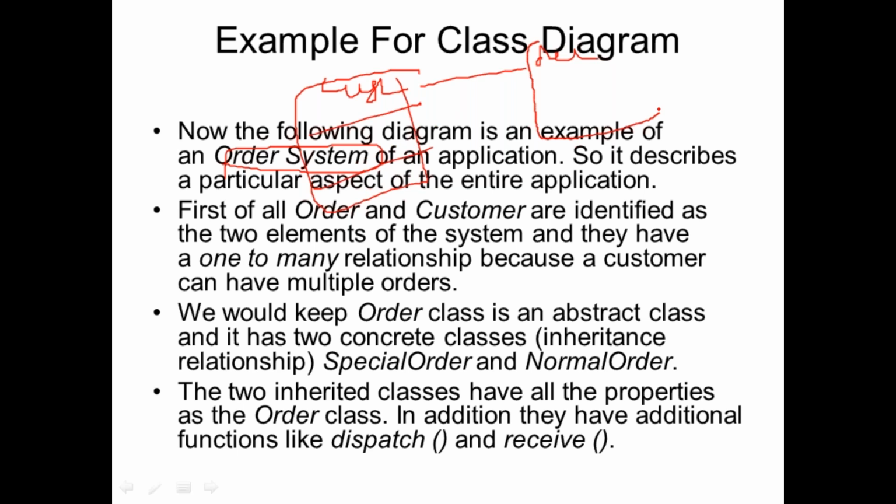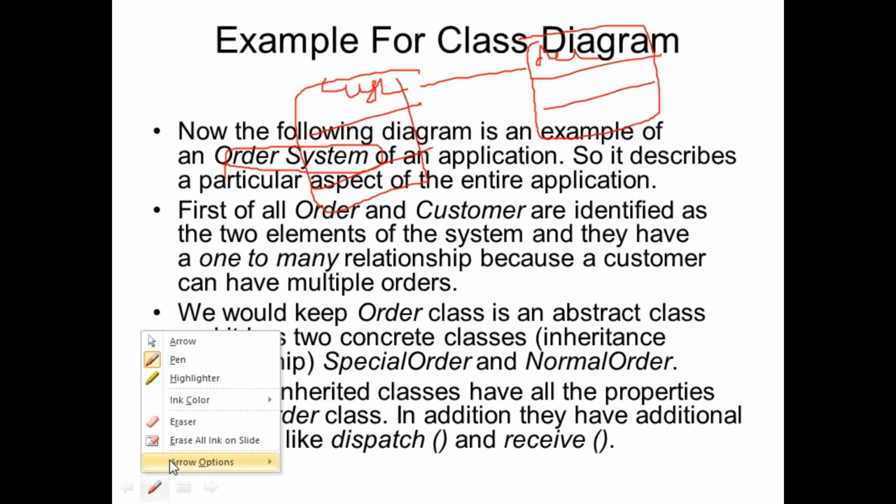Similarly, the order on the other side has attributes and functions. So the class diagram describes a particular aspect of the entire application, the relationship between the classes, and the functions performed by each class.